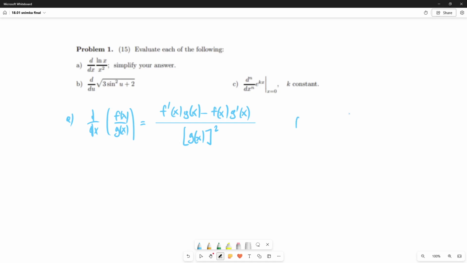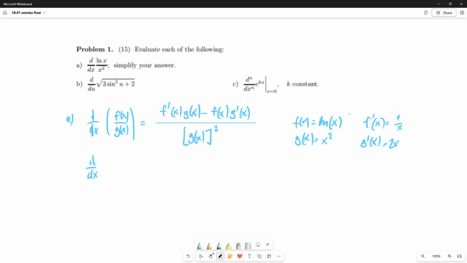In our case, f of x is equal to ln of x and g of x is equal to x squared. So f differentiated of x is equal to 1 over x and g differentiated of x is equal to 2x.